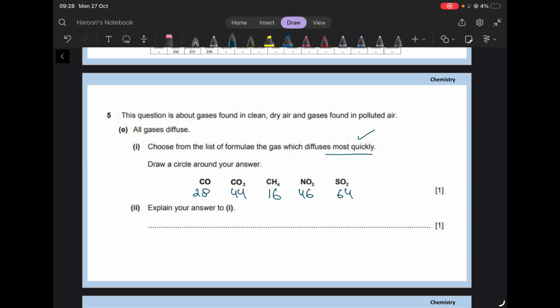So the lightest gas would actually be methane, CH4. We'll circle it because they specify draw a circle around it. Explain your answer. This has the lowest relative molecular mass. So this should be the answer.